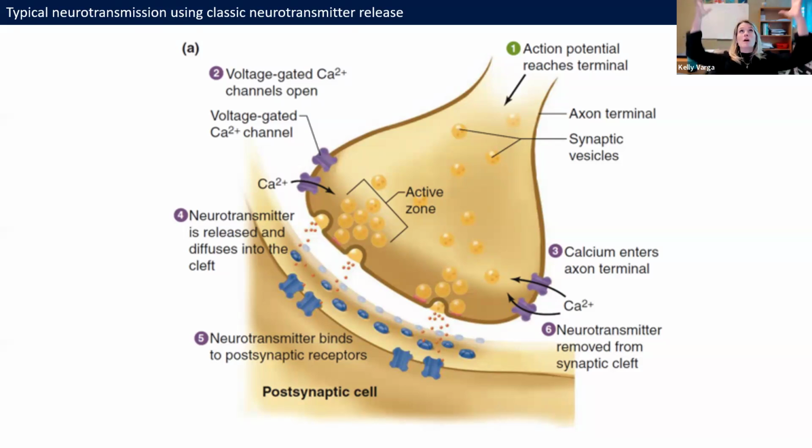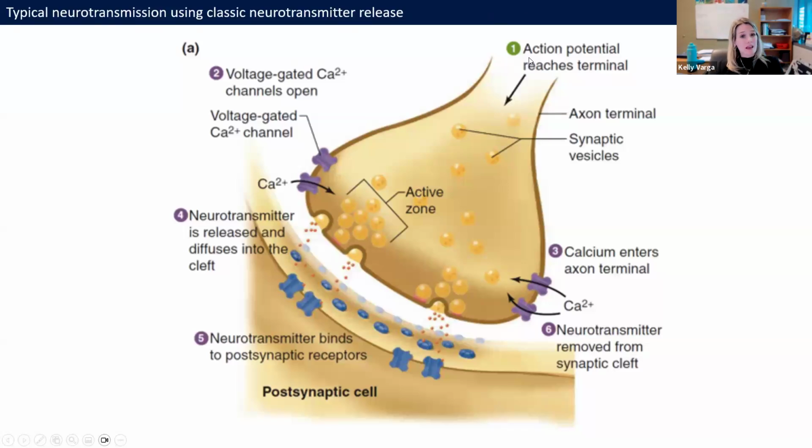And the postsynaptic cell, receiving that information, is going to make a decision: do I send the signal down the axon or do I not? As this is happening, we need to clear this because we need to get ready for the next round of release.